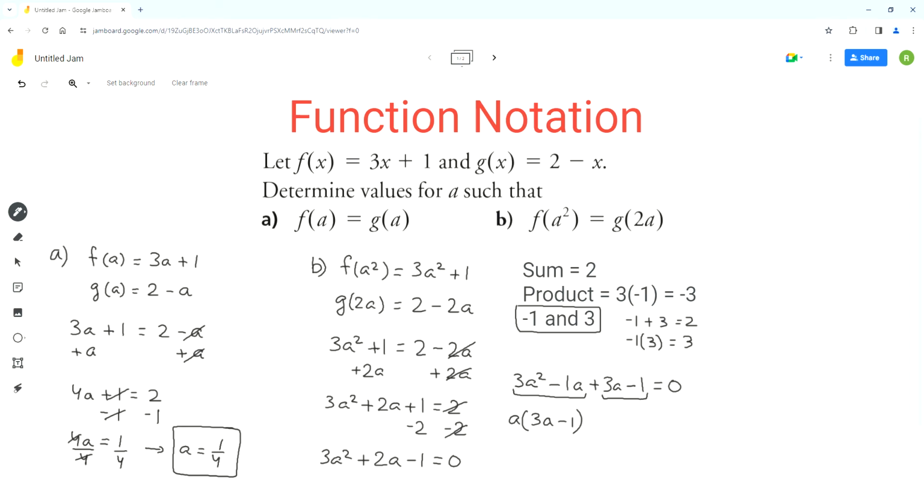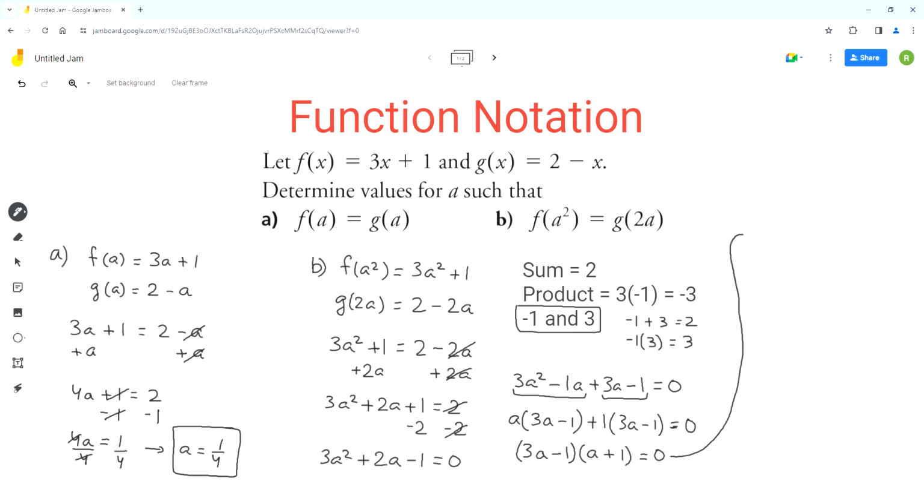And from the second pair, I can factor out plus 1, and I'm left with 3a minus 1 in the parentheses, because there is no other term we can factor out from the second pair. Now both terms have 3a minus 1 in them, so we can change it to (3a minus 1)(a plus 1) equals 0.